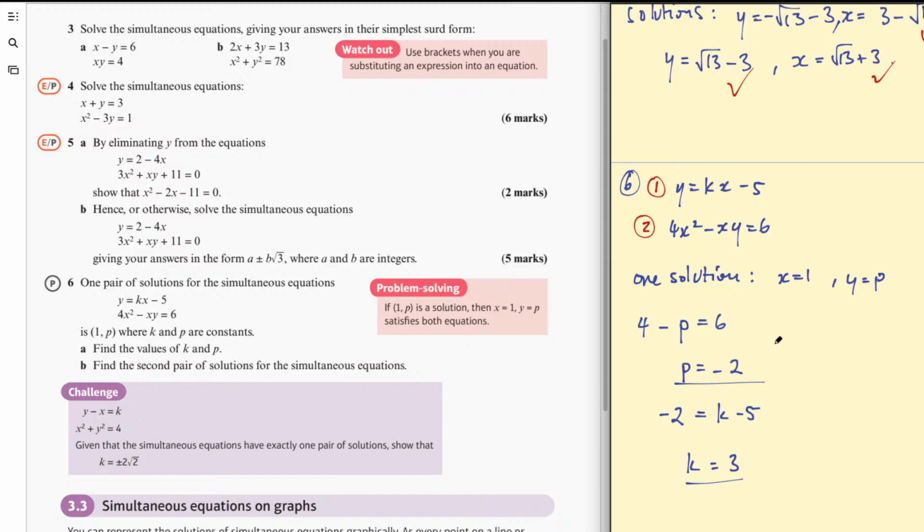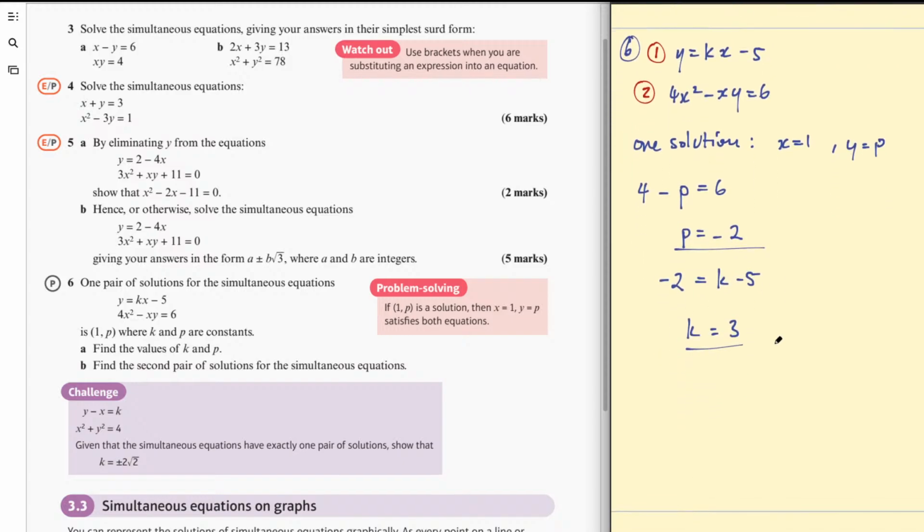Okay, then we need the second pair of solutions. So I have k, I have p. So one solution was 1, -2. Oh, and now it's just a traditional question because I have k.